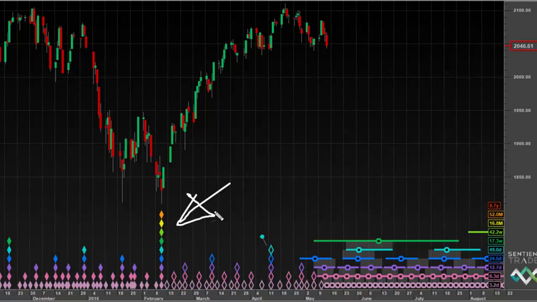In other words, the 4.5-year cycle formed a trough at that point. It is also possible that it is an early 9-year cycle trough. And I've discussed this in previous webinars, so I won't dwell on it here. But in this analysis, it is shown as a 54-month cycle trough.